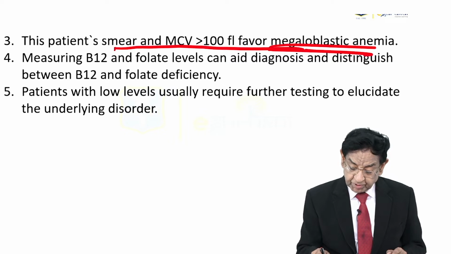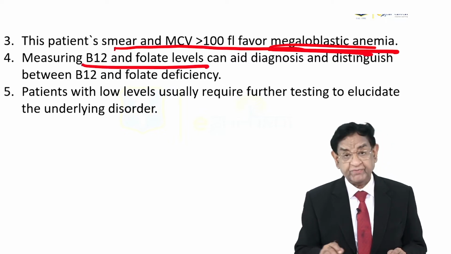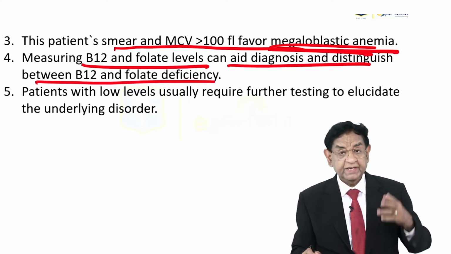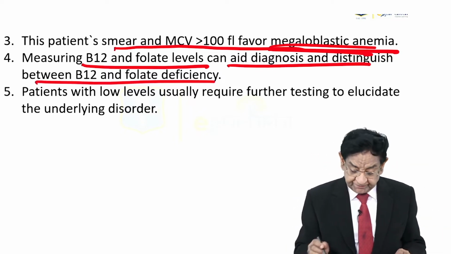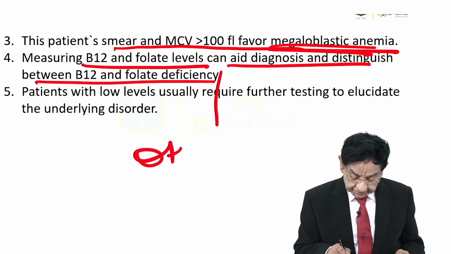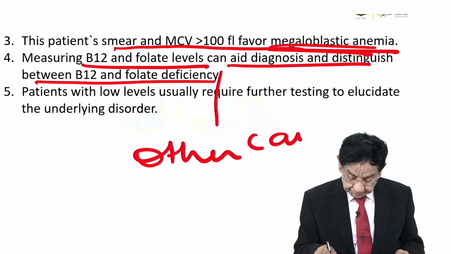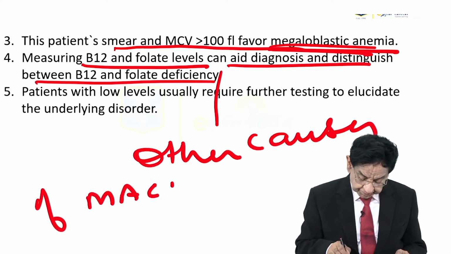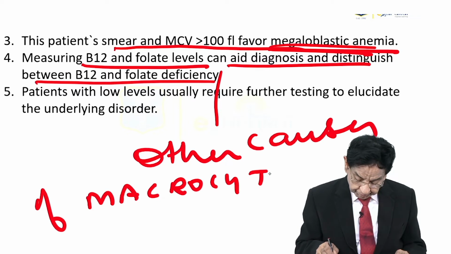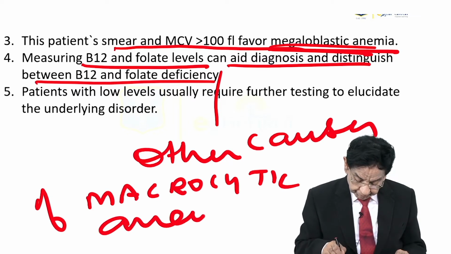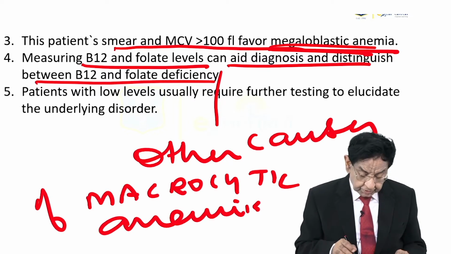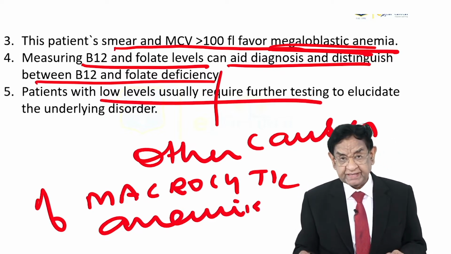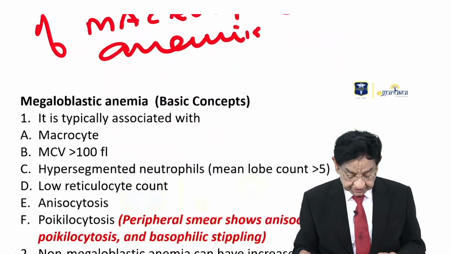Now, when we are thinking about megaloblastic anemia, we check B12 and folic acid, and they will help in distinguishing B12 and folic acid deficiency from other causes of macrocytic anemia. So if the B12 and folic acid are reduced, then that needs further investigation.